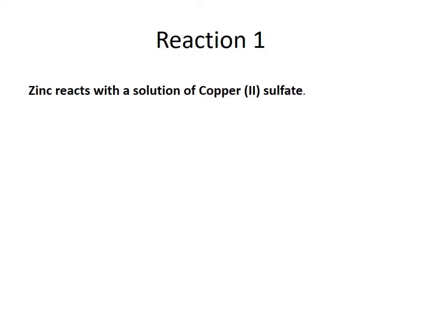So we know we have zinc, which is Zn. We're going to add it to copper 2 sulfate, so we know that copper is plus 2, sulfate is minus 2, so they'll go together, so that would be CuSO4. Our pattern that we start with is an element plus compound pattern, which suggests that this is going to be a single replacement. So zinc will replace copper and it will join with sulfate.